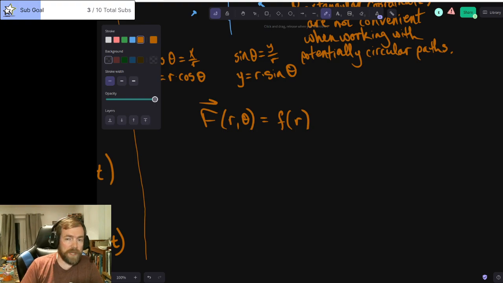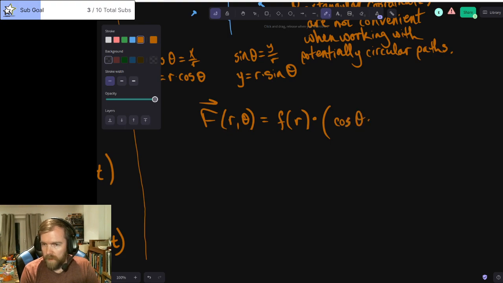Again, it's only dependent upon the r value, our distance away from the origin. Then we have two terms: cosine of theta times i hat.